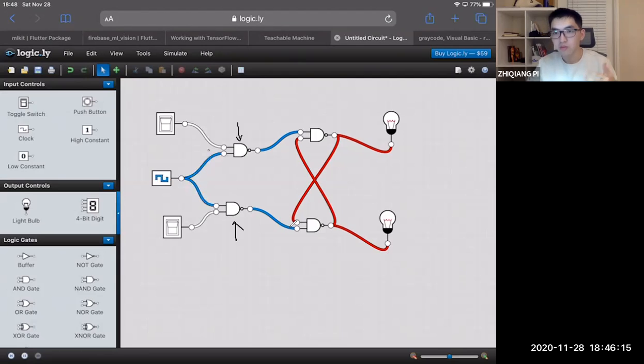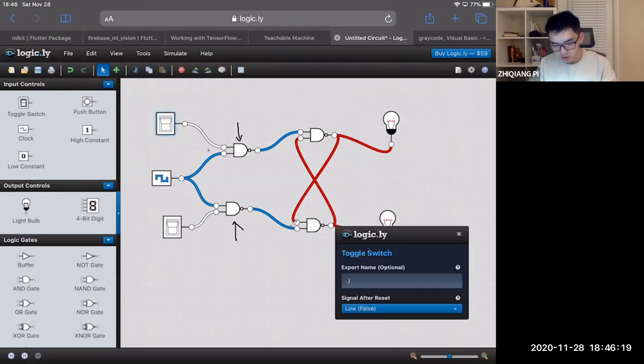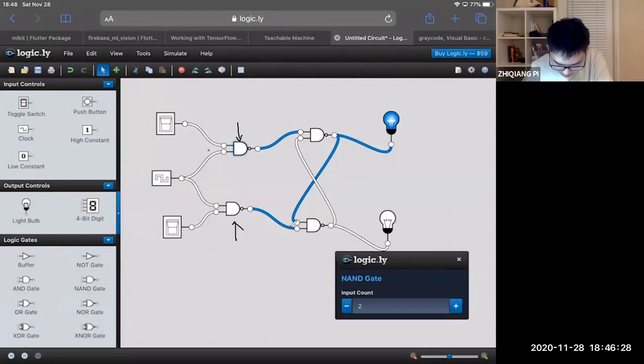So we're going to set a previous output by setting J to true, to 1, and now we have a working output. Now let's make the second layer of the feedback.